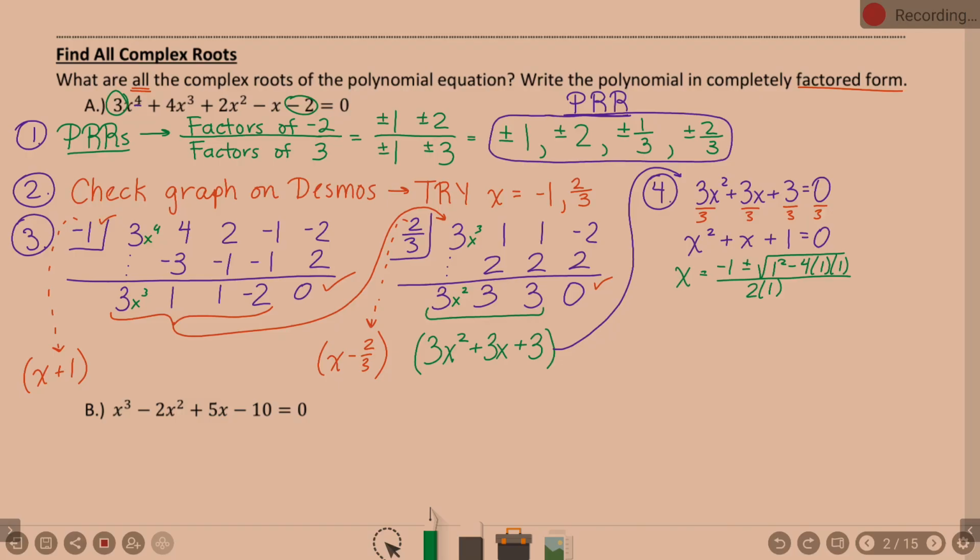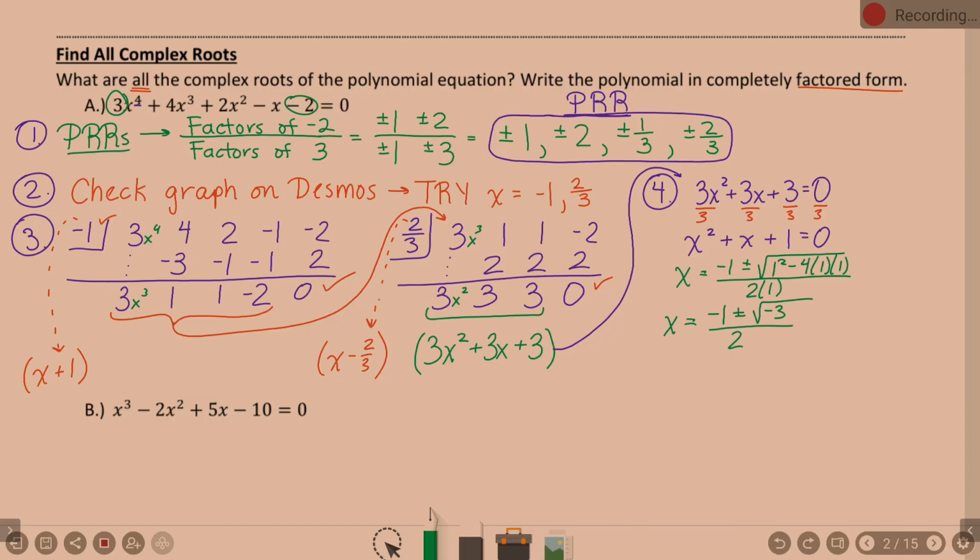Come on, guys. You got to be able to do this quadratic formula on your own without me leading you. Negative 1 plus or minus. Okay, 1 squared is 1 minus 4 times 1 times 1. So 4. 1 minus 4. Negative 3 all over 2 times 1 is 2.